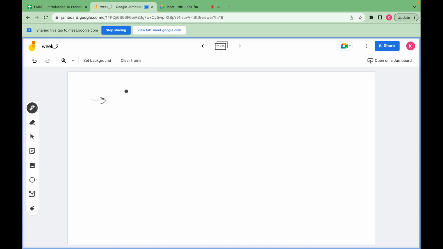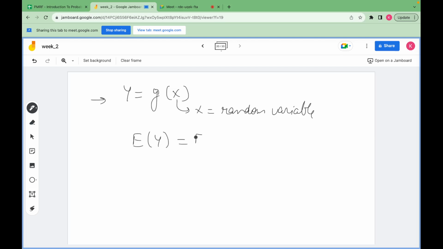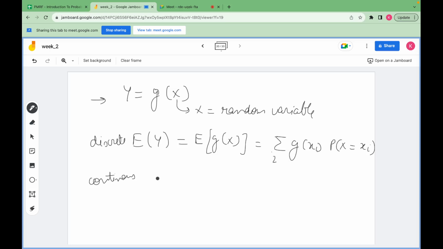Another thing is, if there is a function y equals g(x) where x is a random variable, then the expectation of y is equal to the summation over i of g(xi) times the probability that x equals xi for discrete, and for continuous it will be the integral.